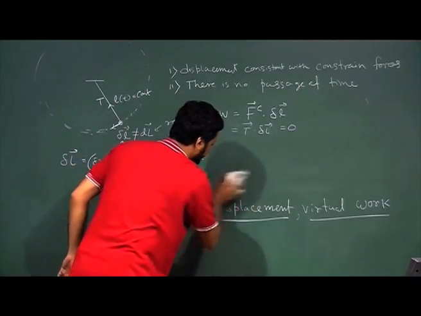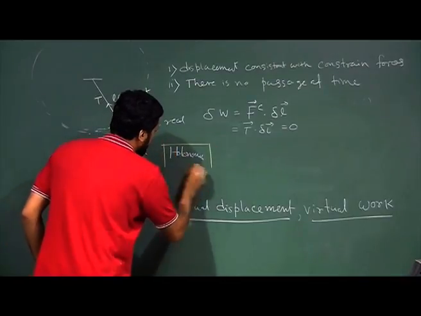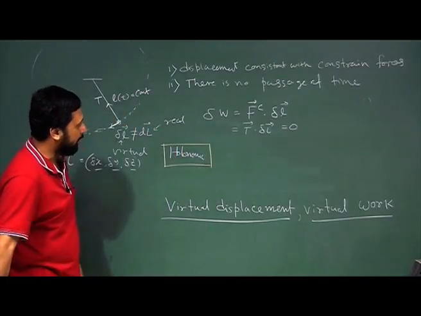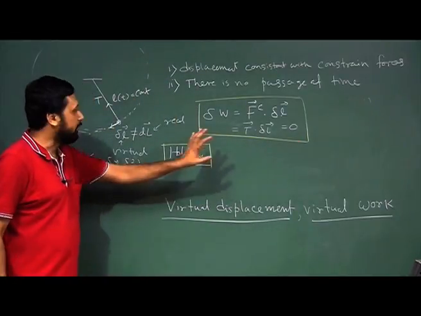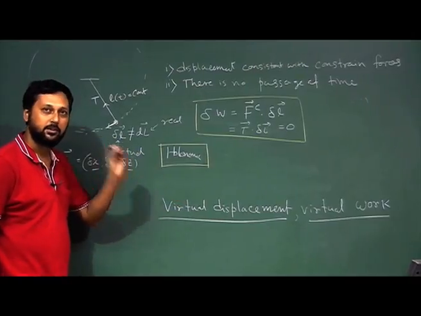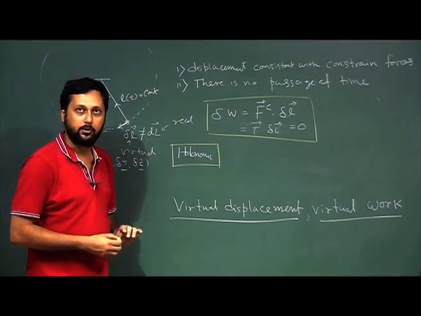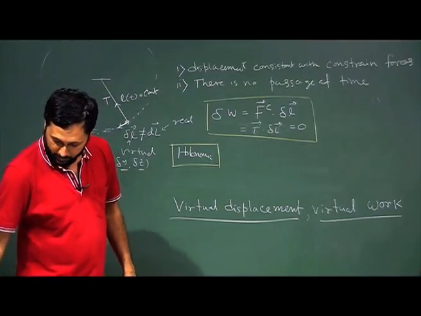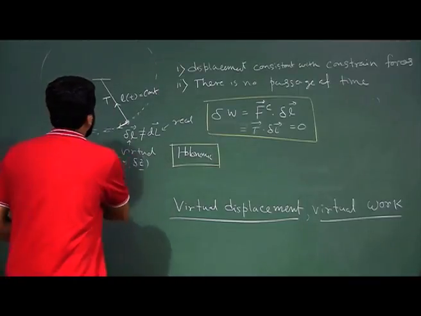When we write virtual displacement and virtual work for each and every holonomic system, we get delta W is equal to 0. This is the beauty of using virtual displacement. We do not have to worry about whether the system is scleronomic or rheonomic. If it is holonomic, we can always write delta W equal to 0.